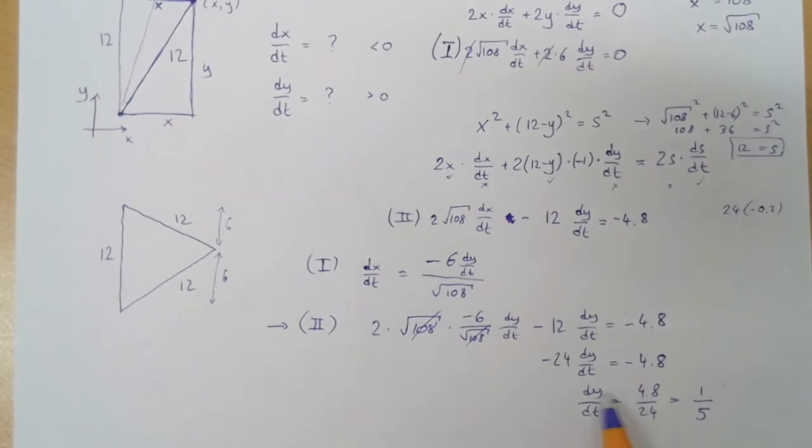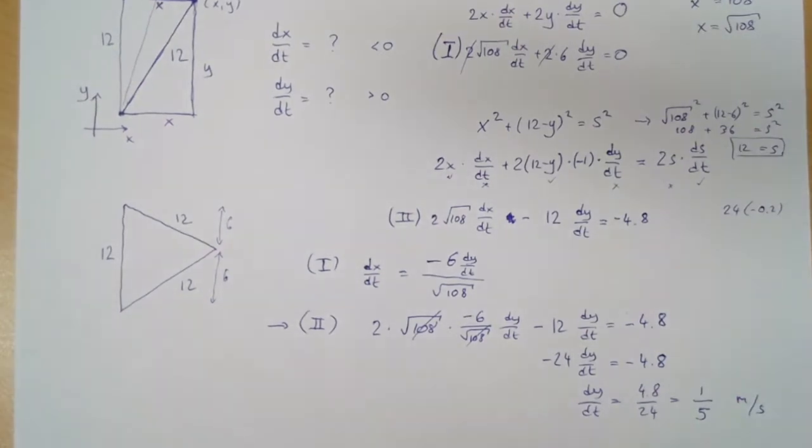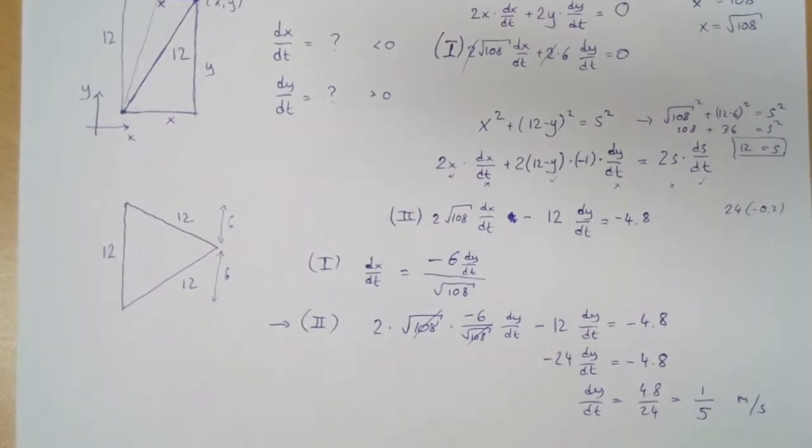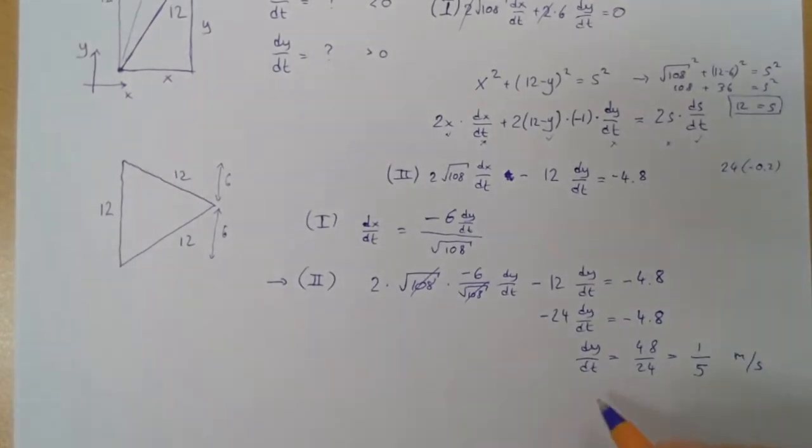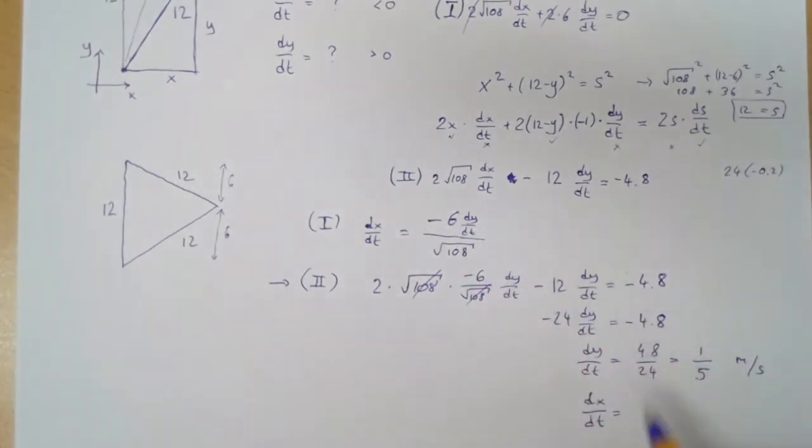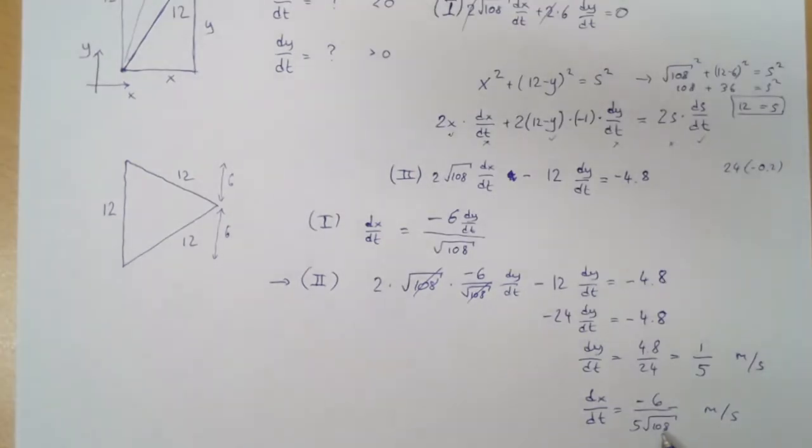And what are the units? y is in meters, t is in seconds, so 1 over 5 meters per second. We're just seconds away from the answer, from the complete answer. dx/dt is, if I go back here, negative 6 over root 108 over 5, so negative 6 over 5 root 108 meters per second. I bet I could cancel out this a little bit. I can extract a 2, I can extract a 3.